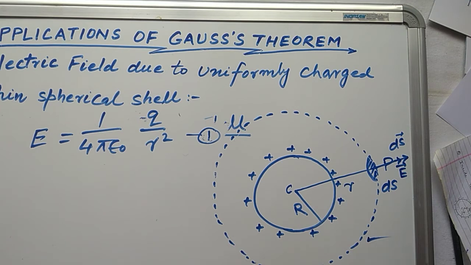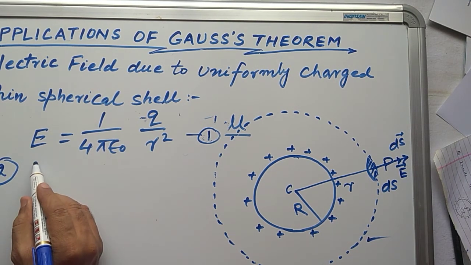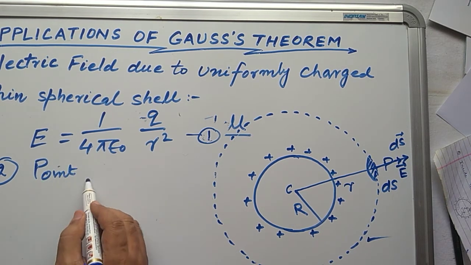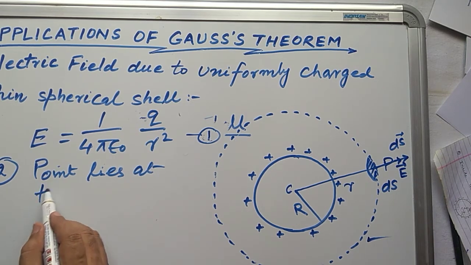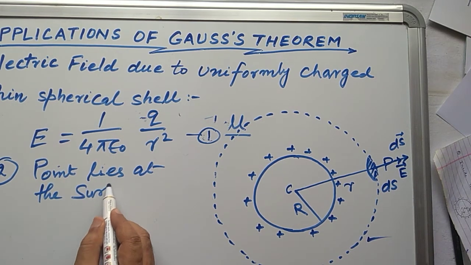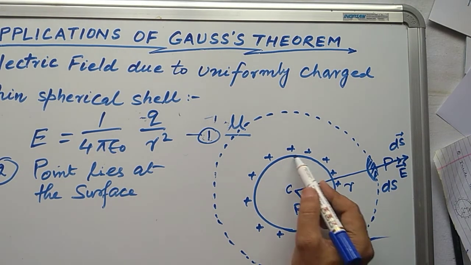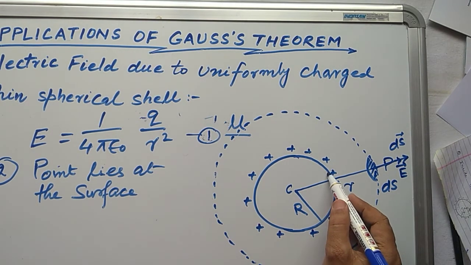Now, case number 2. When the point P lies at the surface. It is a simple calculation. At the surface, this is the spherical shell and this is the Gaussian surface.